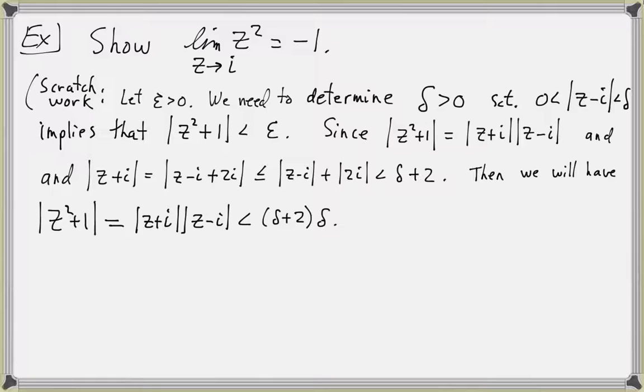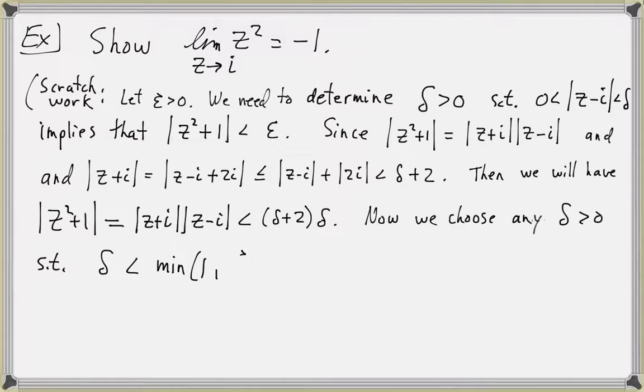So we want this quantity to be less than epsilon. So now let's choose any value of delta greater than 0 such that delta is less than the minimum of 1 and epsilon over 3.